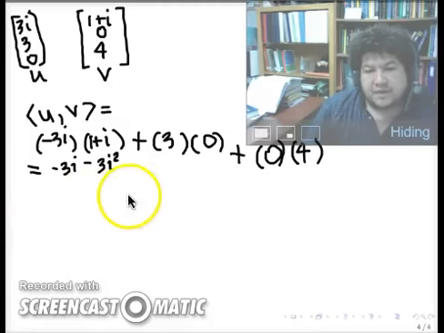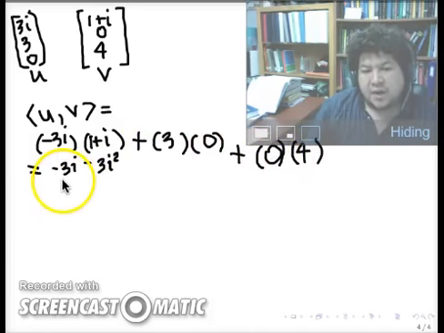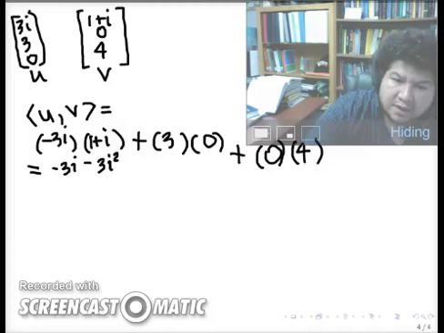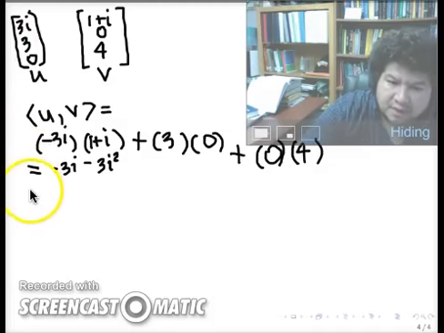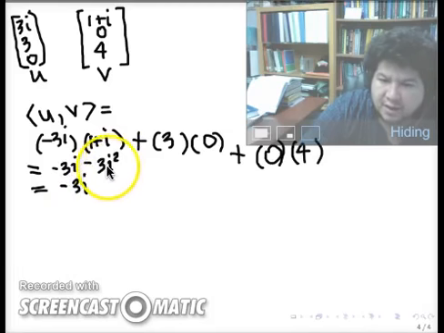This is convenient because some terms in this sum become 0. We're left with minus 3i minus 3i squared, and we can simplify: i squared is minus 1, so this is equal to minus 3i minus 3 times minus 1, and that gives us positive 3.